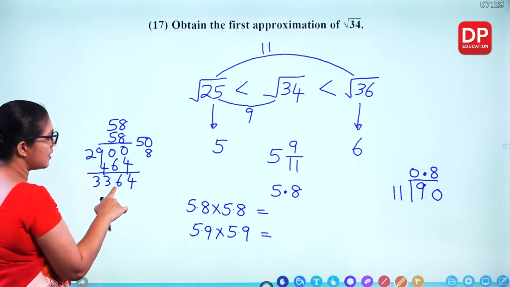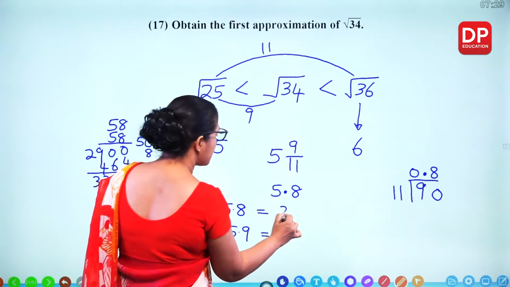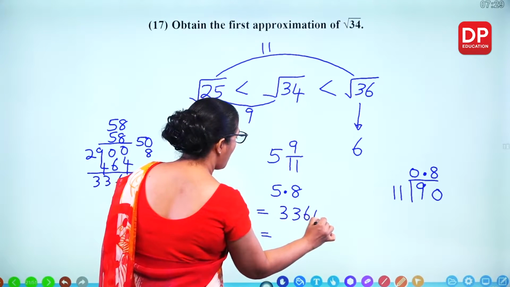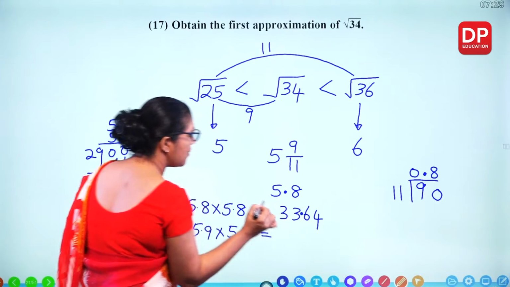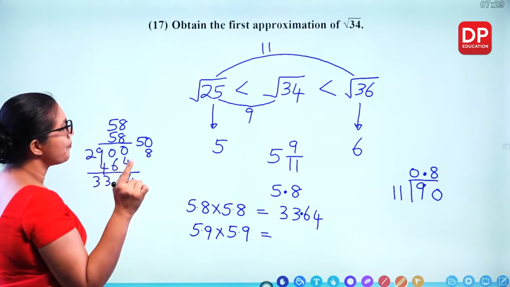So you get 3364, but you need to keep 2 decimal places here: 33.64.